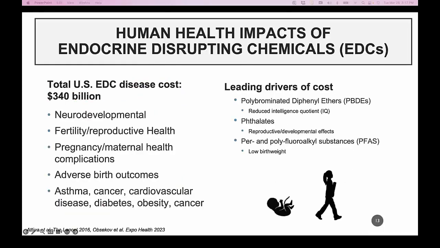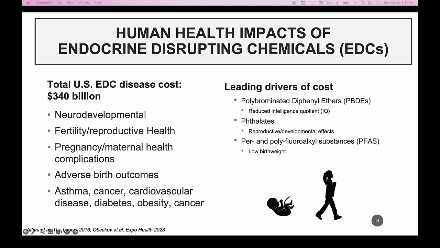And one type of biologically active compound are endocrine disrupting chemicals, or EDCs. And these are chemicals that can interfere with the molecular signaling that orchestrates human reproduction and human development and function.